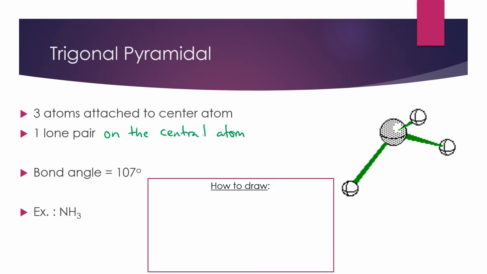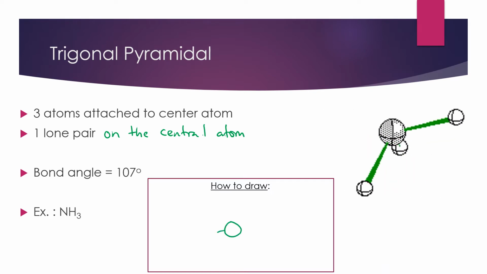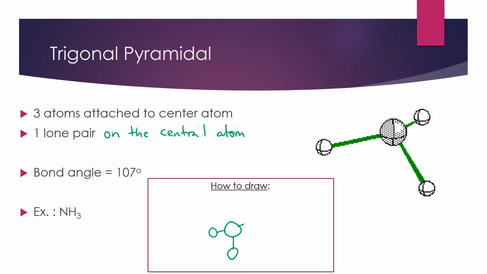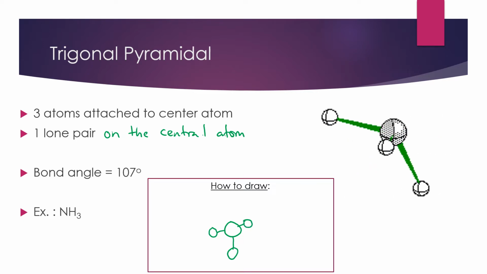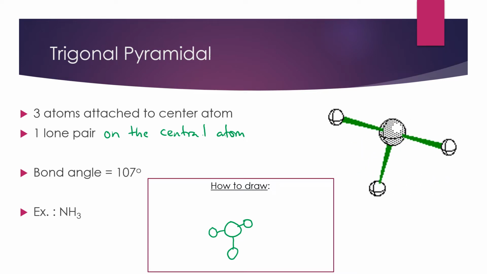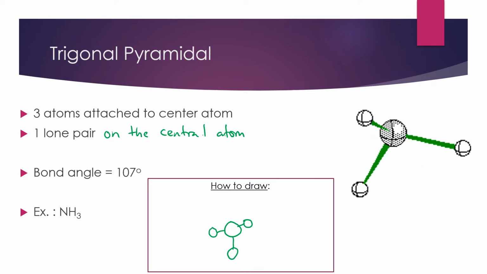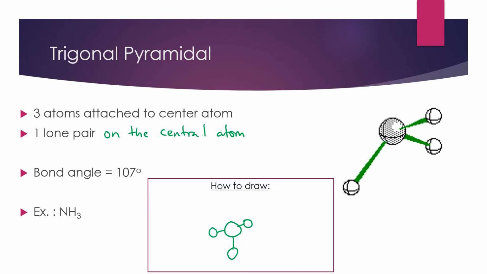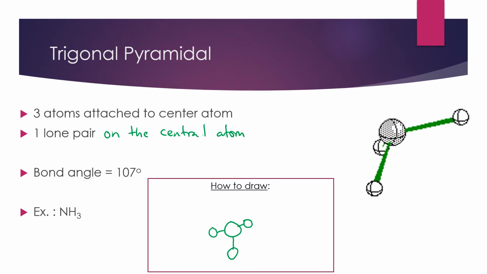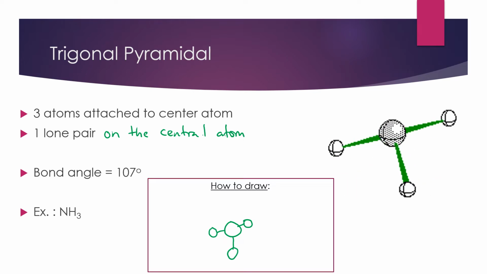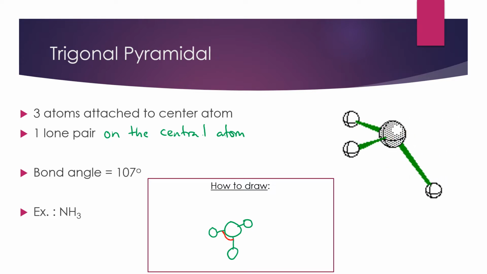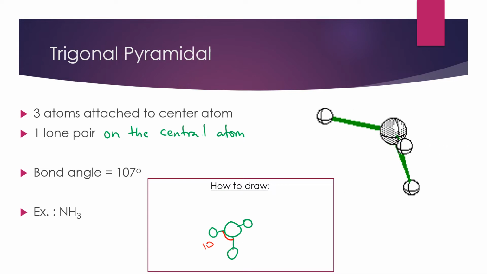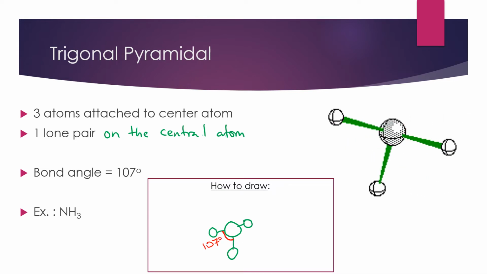So I'm going to draw it like so, a short leg, longer leg, and another short leg to represent this, kind of like a tripod. Similar to how we see it rotating here, it is all pointing down. And then the angle, and I'm going to make it a sharp angle right here, is again 107 degrees.